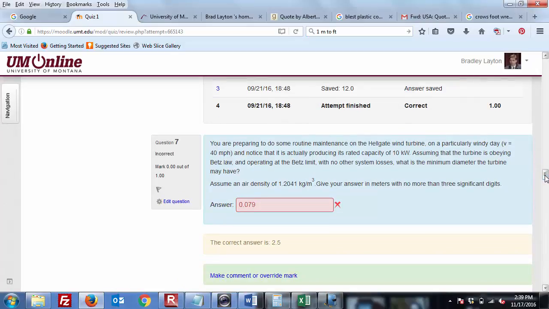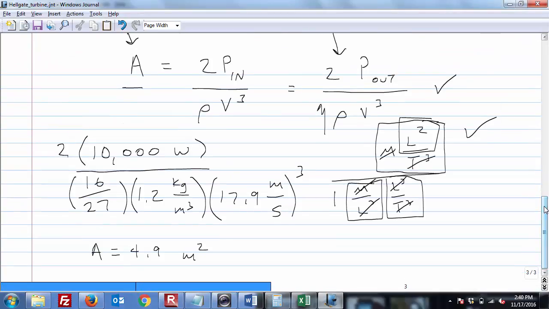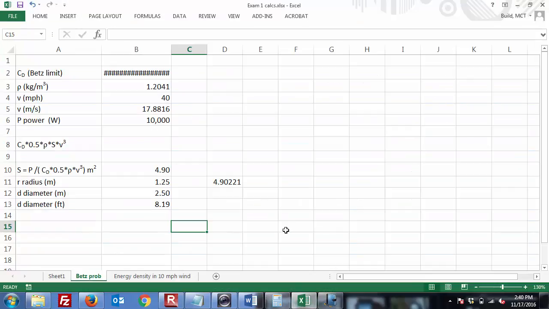Okay, and I think if we go back to the exam, 2.5 meters. Oh, let me just double check that. Yeah, 2.5 meters. Perfect. Okay.